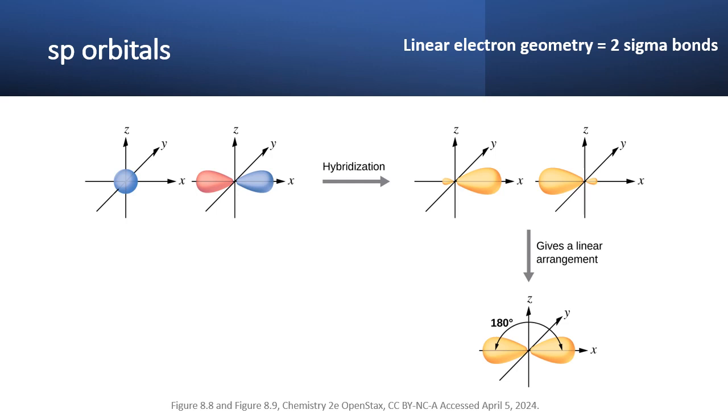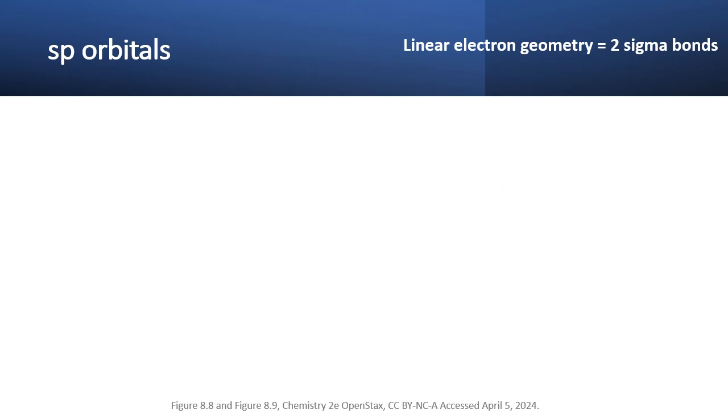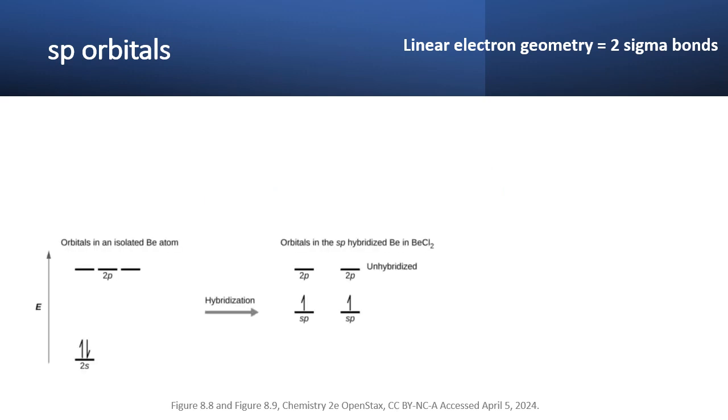Now, this is not the full story. We can also draw an electron diagram, including the energy level of the orbitals in question, and the combined orbital has an energy between the s orbital and the p orbital. Okay, so we start with unhybridized orbitals on the left here, we have both of our electrons in the 2s, and then we combine it with a p orbital and we make an sp.